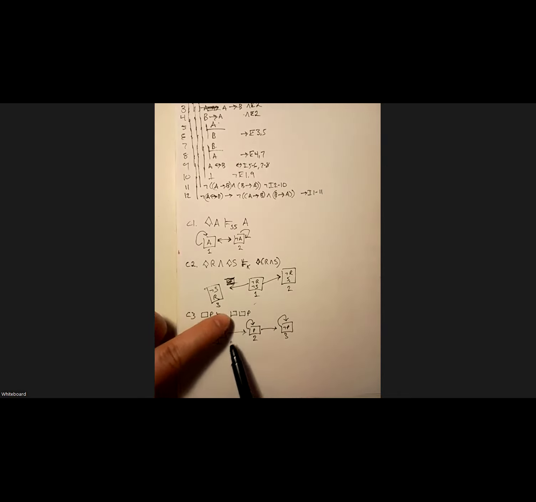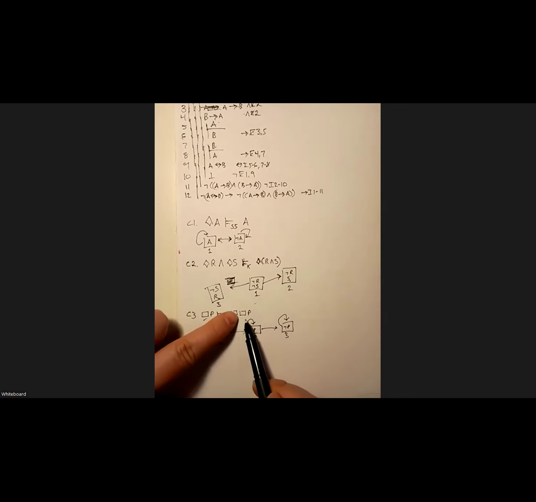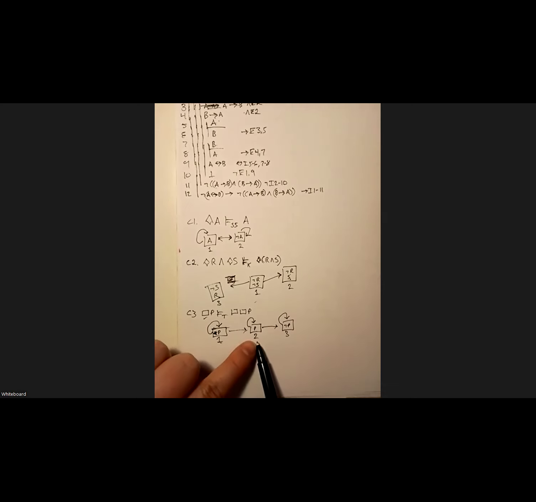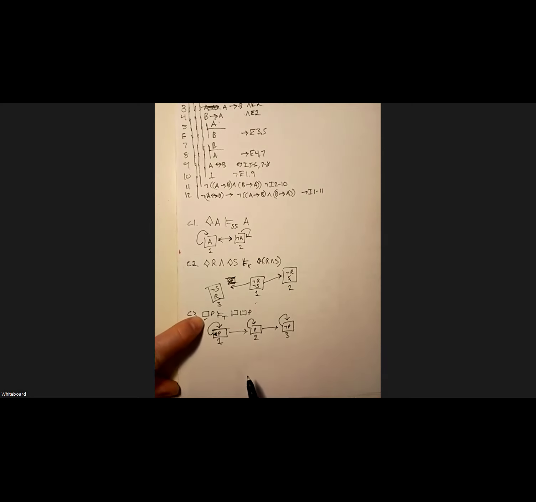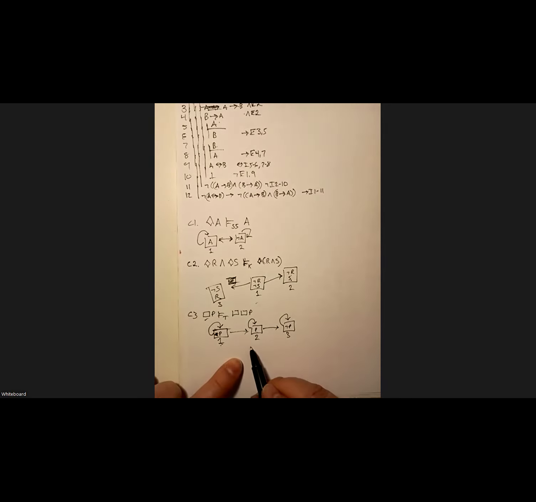But is every world it can see a world that only sees P worlds? Well, no, because while 1 can only see P worlds, 2 can see P and not P worlds. So while box P is true at 1, box box P fails. And it fails because it is true at world 2.